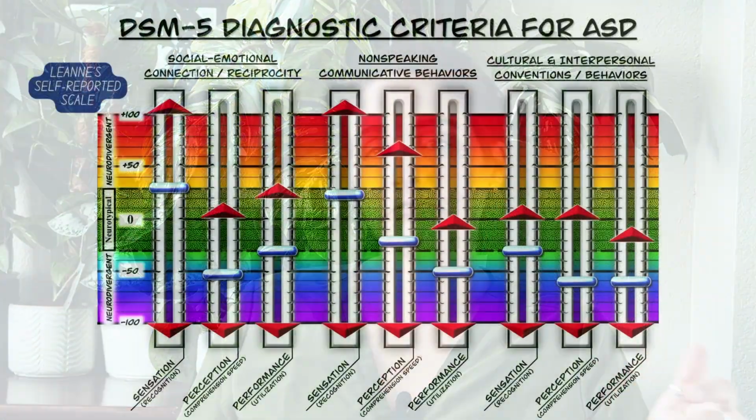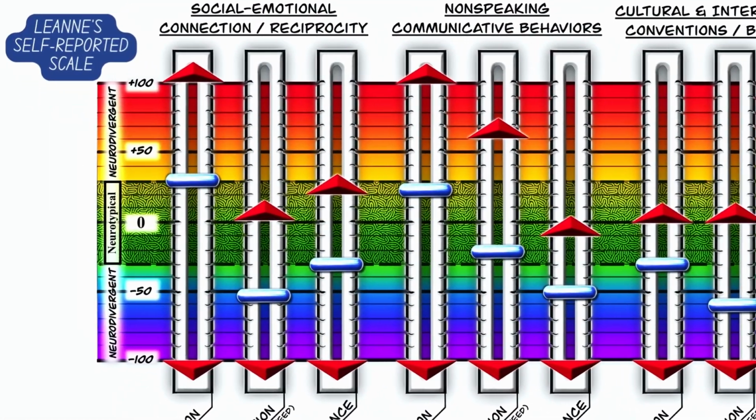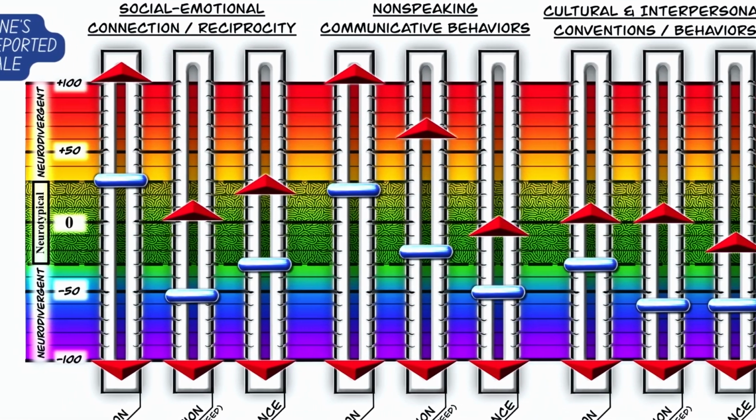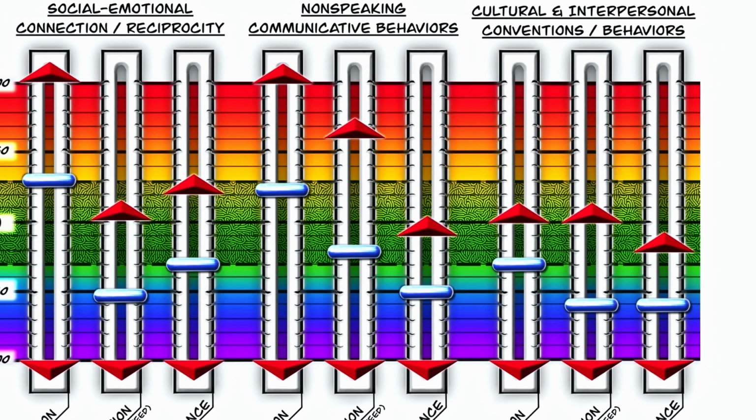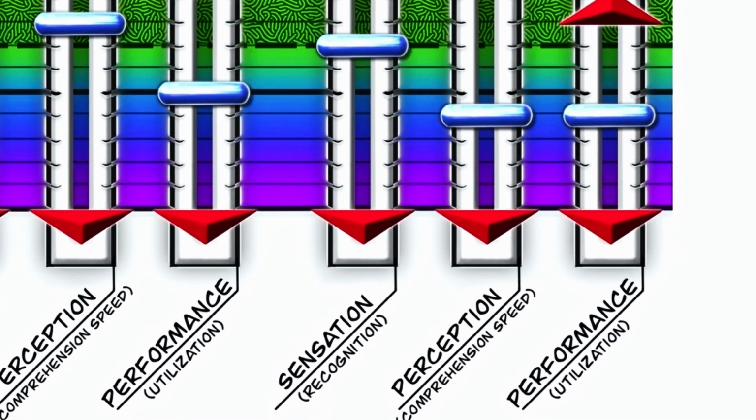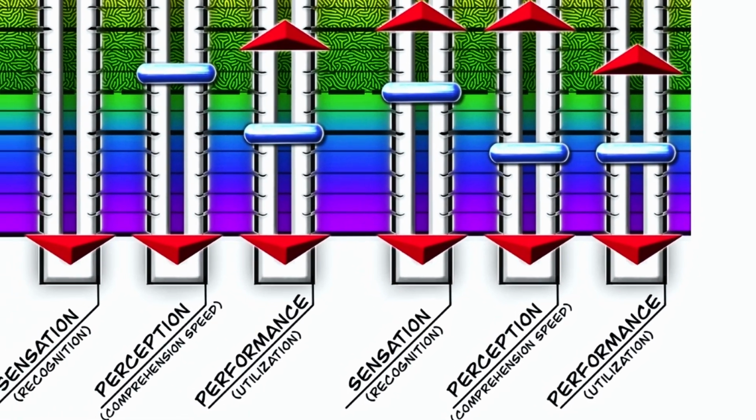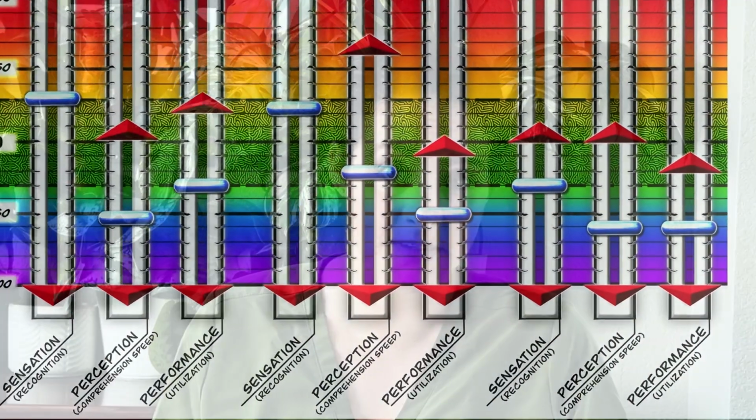There's a saying in the autistic community that goes, if you've met one autistic person, then you've only met one autistic person. And I think that regardless of whether or not you agree with my position on adapting the spectrum terminology to encompass all different types of neurodevelopmental differences, the point of this scale is to exemplify how we are looking at a collection of neurodevelopmental traits for each person, and each trait would be represented by its own panel and have a range of presentations that may be expressed differently depending on a variety of circumstances.